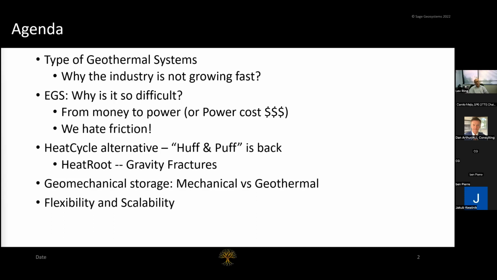And then we'll talk about our alternative to the conventional approach, which we call huff and puff, and our breakdown technology, and then about a growing area of this business, which is geothermal storage, both mechanical and geothermal.